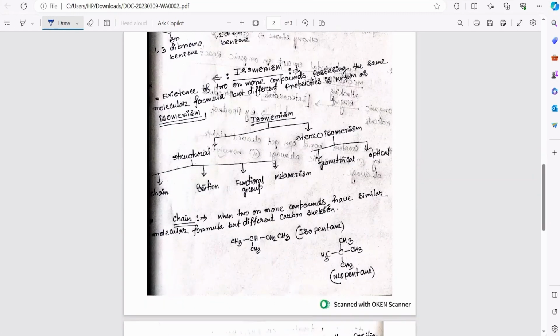Now we'll go to isomerism. What is isomerism? The existence of two or more compounds possessing the same molecular formula but different properties is known as isomerism.